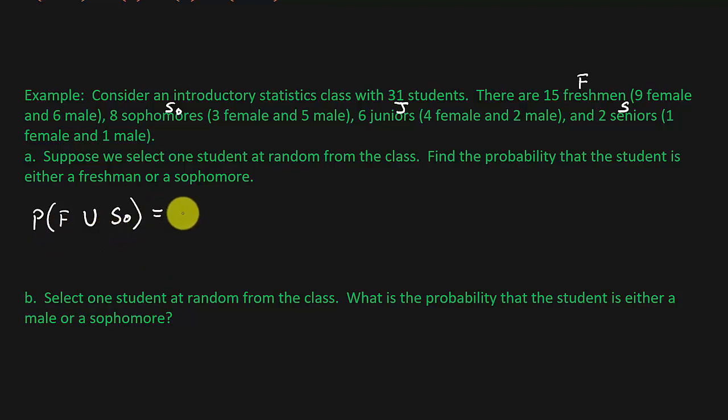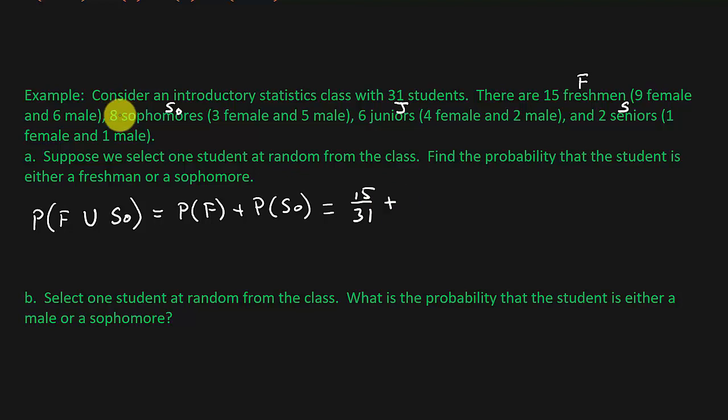Okay, so that's just the probability a freshman plus the probability a sophomore. All right, so what's the probability that we select a freshman? Well, remember, probability, that's the number of successful outcomes divided by the number of possible outcomes. So there's 15 freshmen and 31 students total, okay, from right there, plus the probability a sophomore.